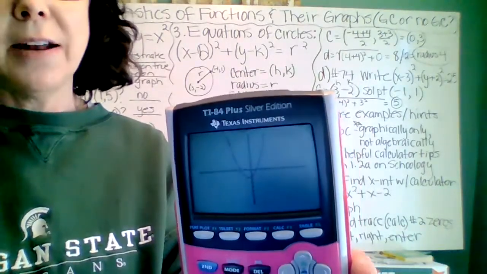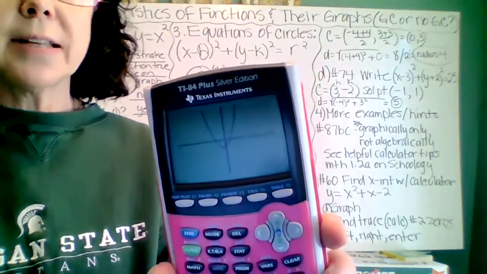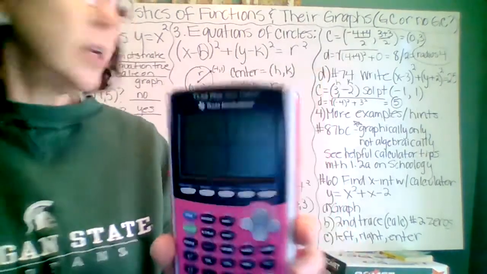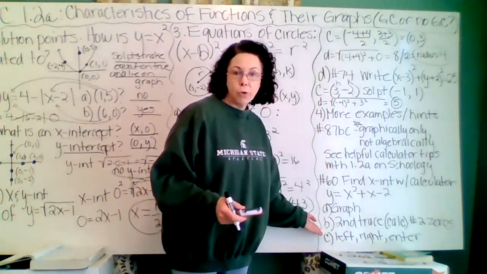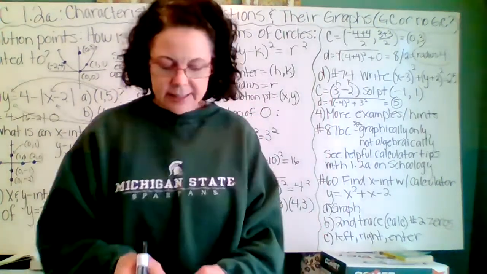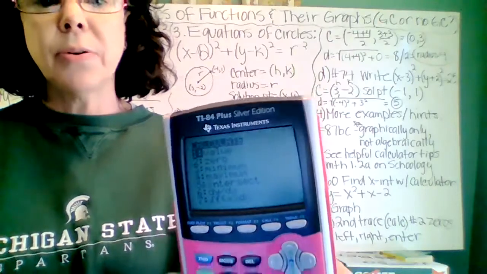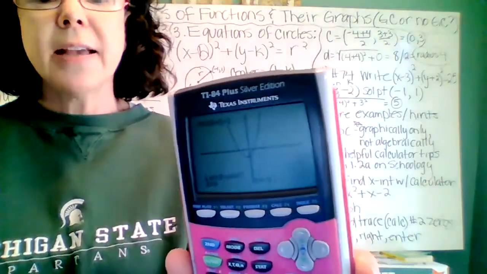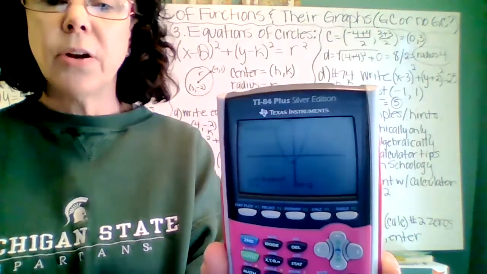If you already know how to find x-intercepts, you don't need me on this one. But instead of trying to trace to the 2 x-intercepts that I see, I'm going to hit second trace, which is calc, because it will go right there for me. And we want the zeros, which is 2. Then it asks you to go to the left and the right. Because there are 2 points, they want to know which one you want.